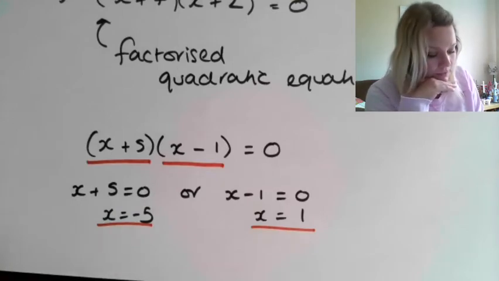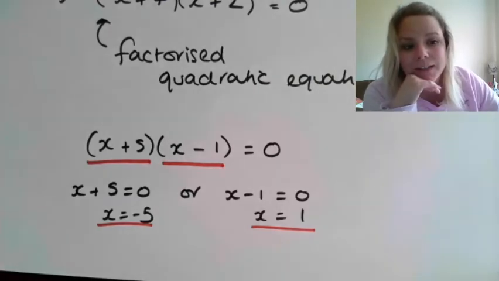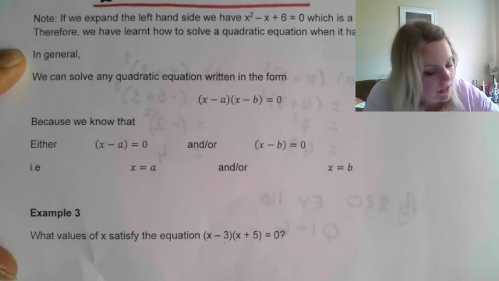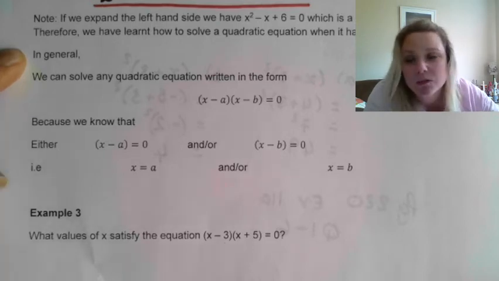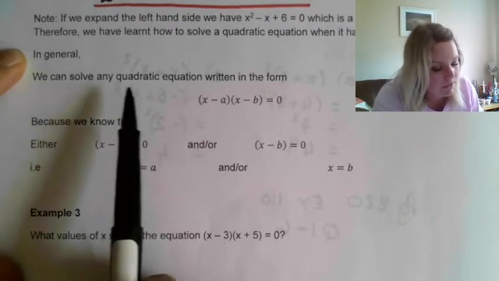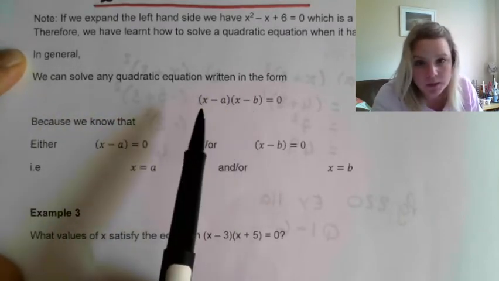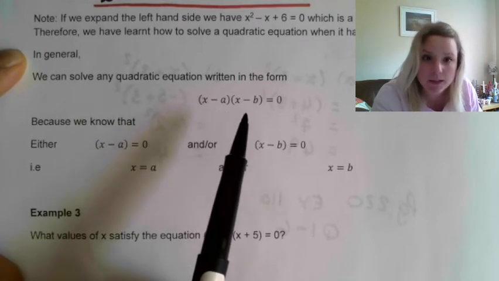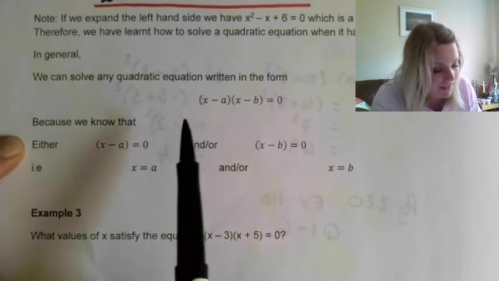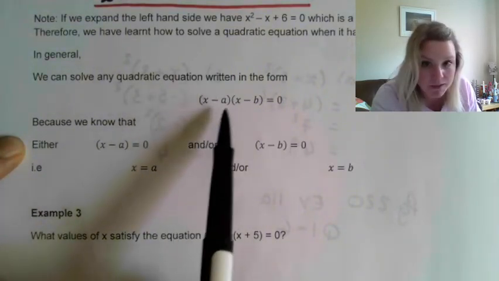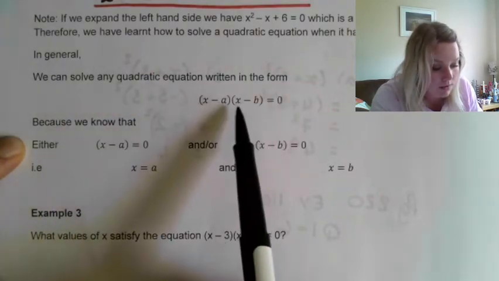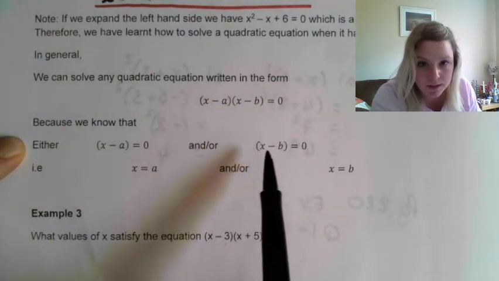Okay, so let's look at our notes, and I think there's only one example we need to fill in. Let's get that done. So I'm on page 94 here, which is where we left off last day. So in general, we can solve any quadratic equation which is written in this form. So x minus a multiplied by x minus b equals 0, because we know that either this must be 0, which we've said here, x minus a equals 0, or this may be 0, x minus b is 0.